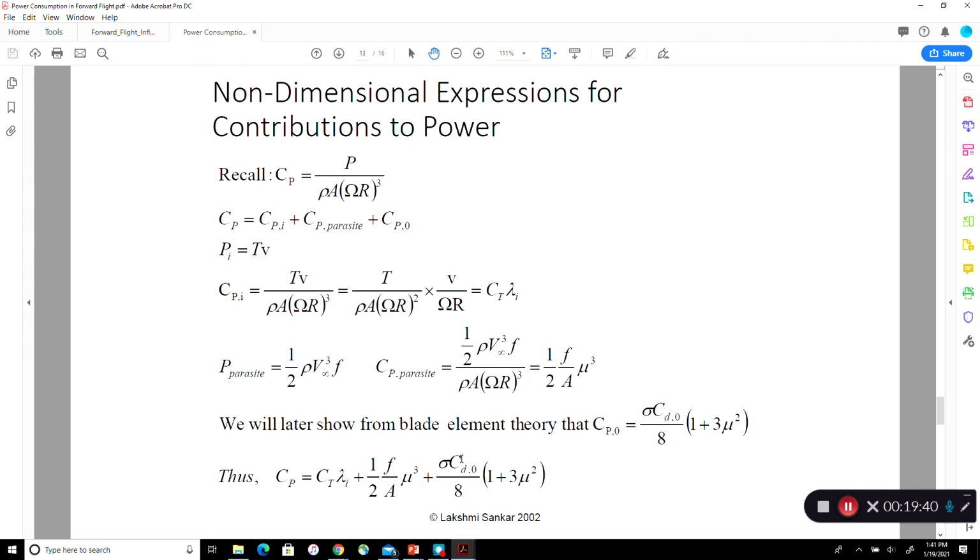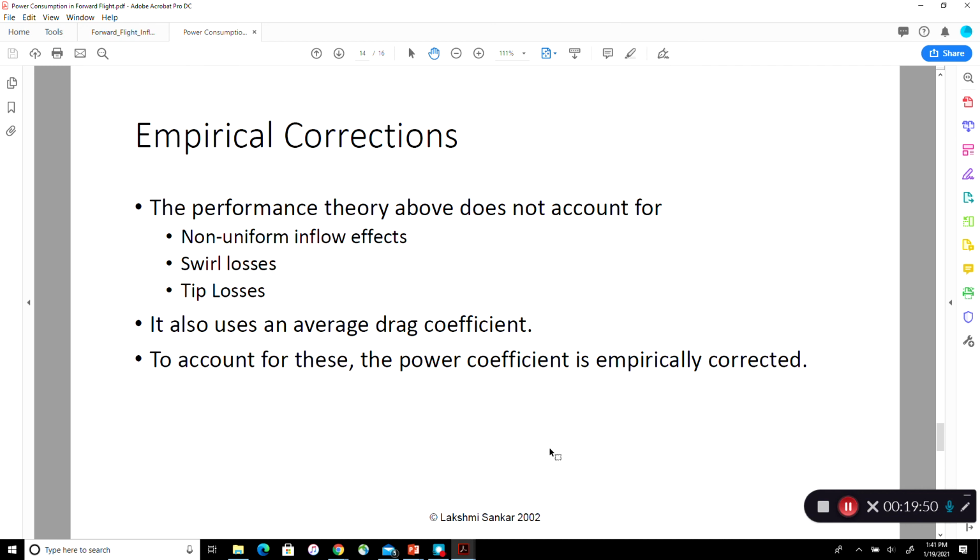When shock wave forms, you're going to have a very high drag because of the wave drag. Therefore, this relationship is usually empirically corrected. Therefore, we use some empirically corrected formula for non-uniform losses, swirl losses, tip losses, to compensate for the fact we are using an average drag coefficient.